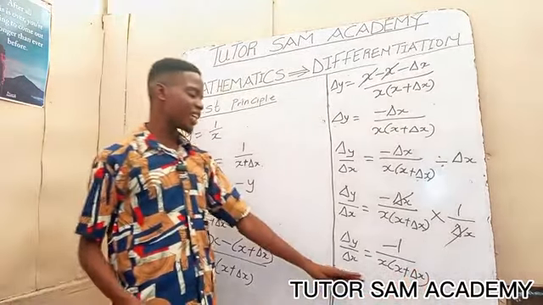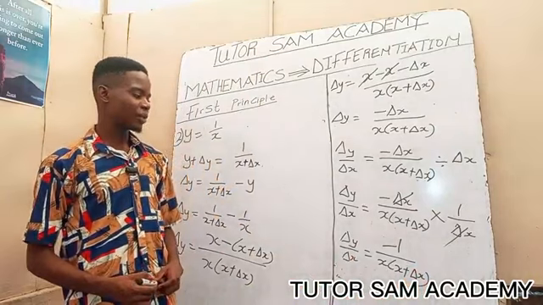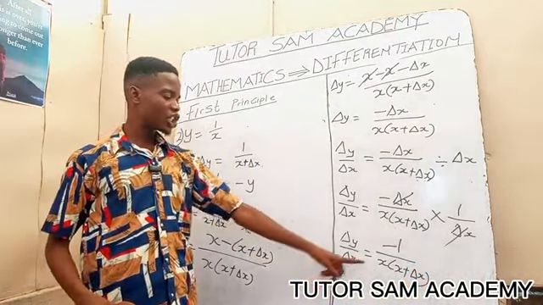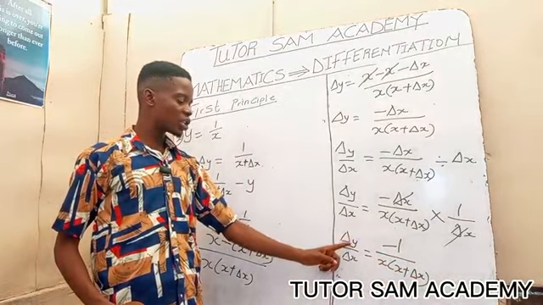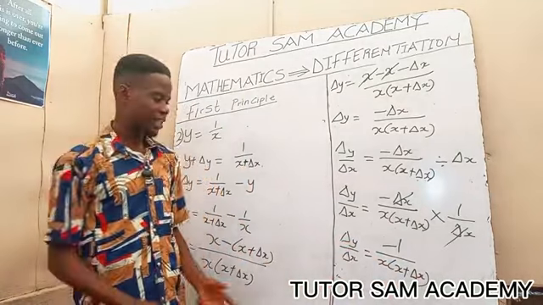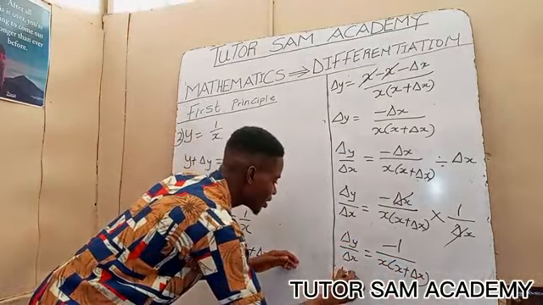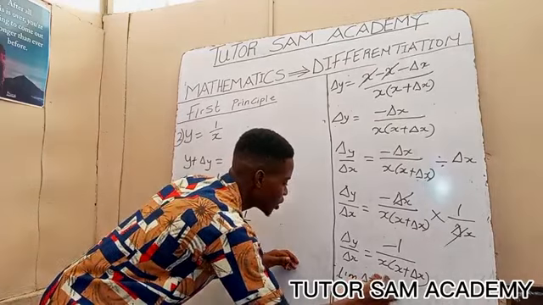Getting to this point, the next thing is to take a limit. The final step, you limit change in x to 0, and you change change in y over change in x to dy dx. So limit as change in x approaches 0.